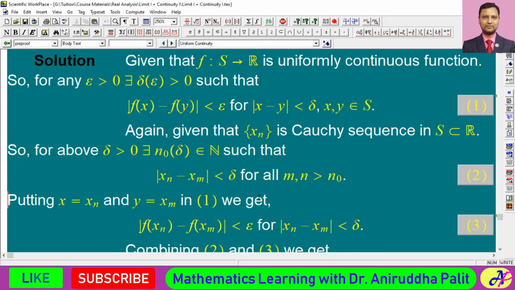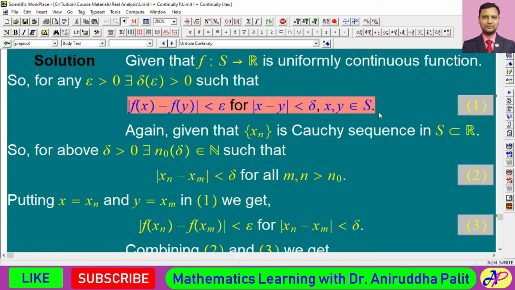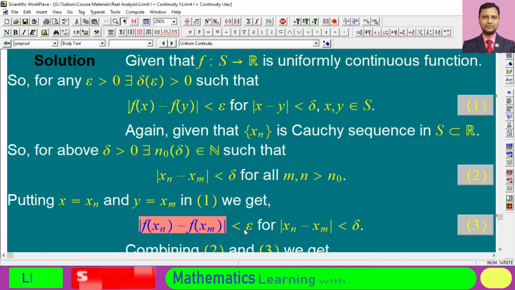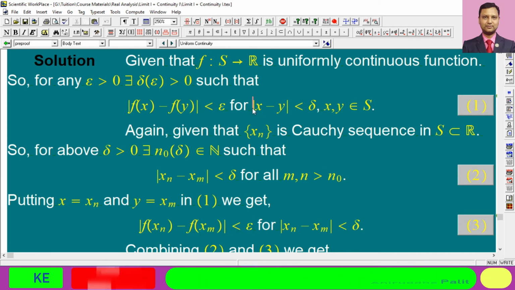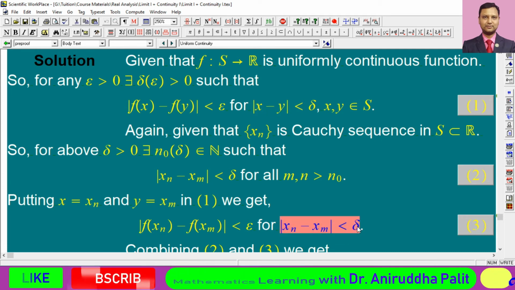And so we can now put x equal to x_n and y equal to x_m in relation number 1. So if we put these in relation number 1, then modulus of f of x_n minus f of x_m would be less than epsilon for modulus of x_n minus x_m less than delta.